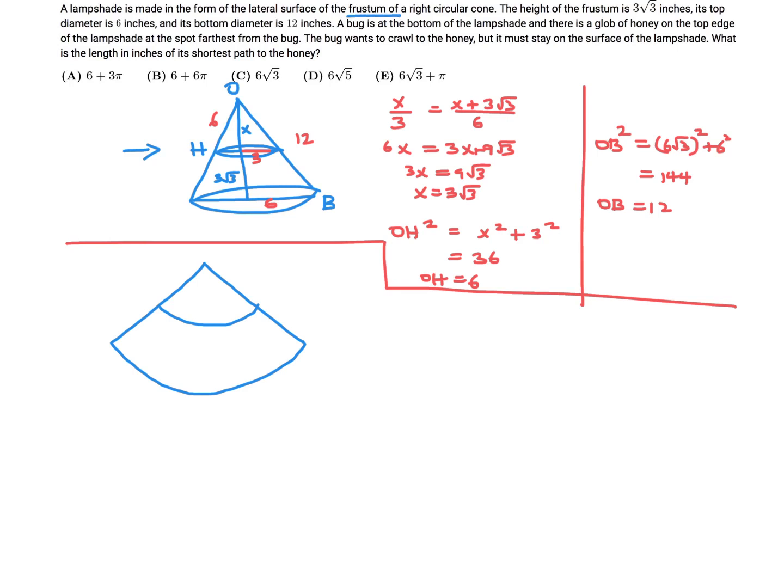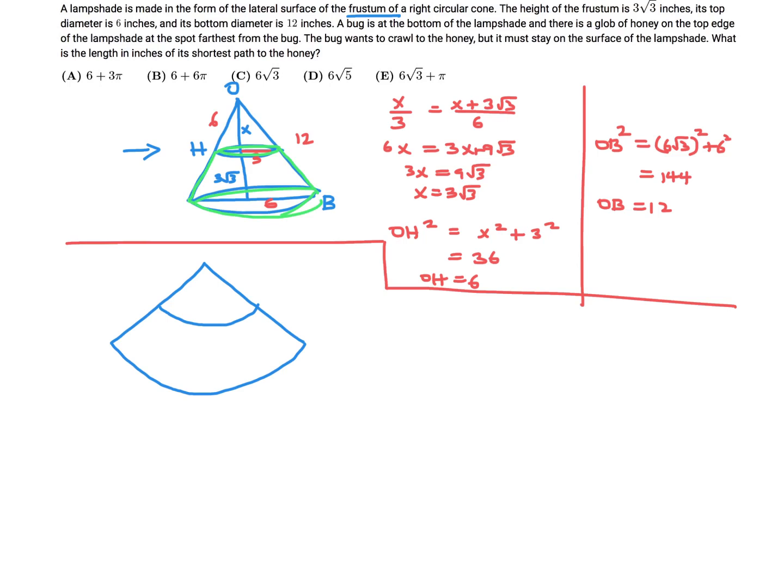Believe it or not, I don't think I've ever heard of that term, frustum, but I know what they're talking about. It's just basically this part that would remain. That would basically be the lampshade.